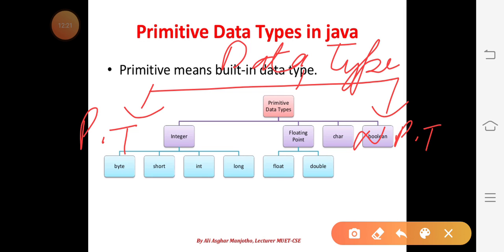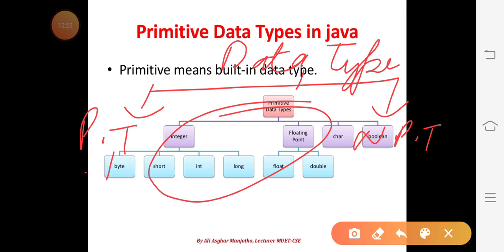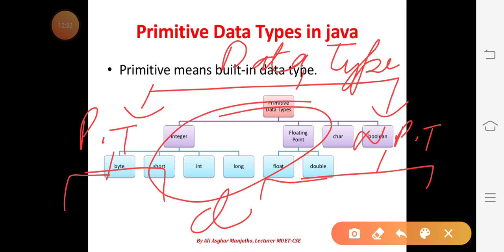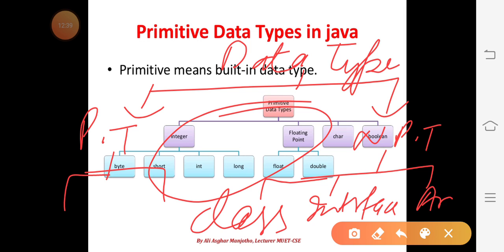Now for primitive types you make this diagram, make it here same as it is, and for non-primitive types write here: class, interface and array. Right?